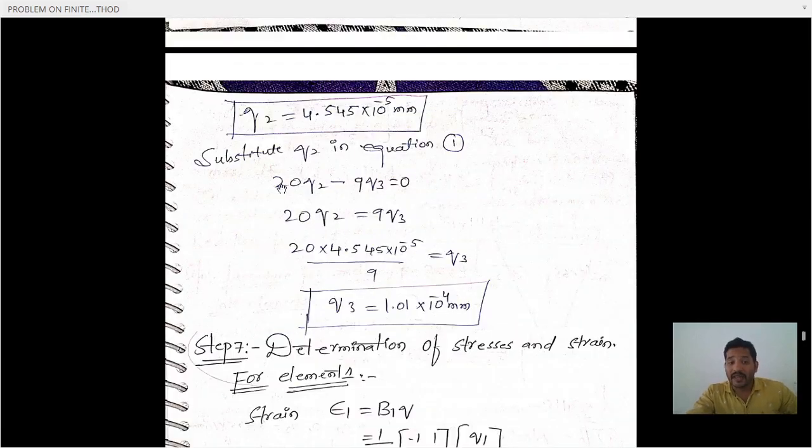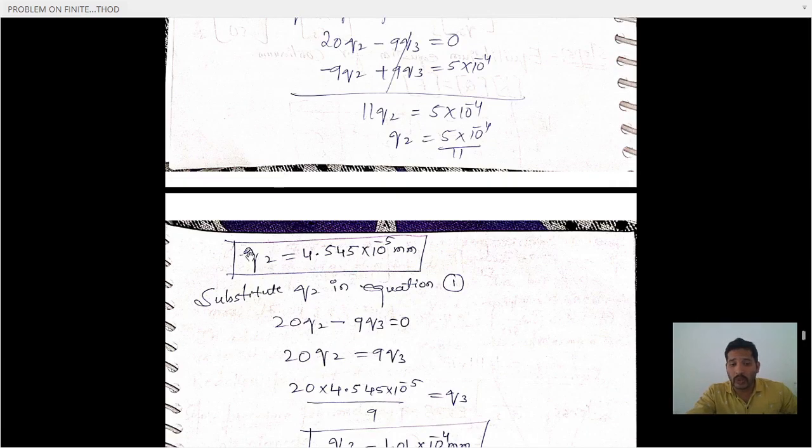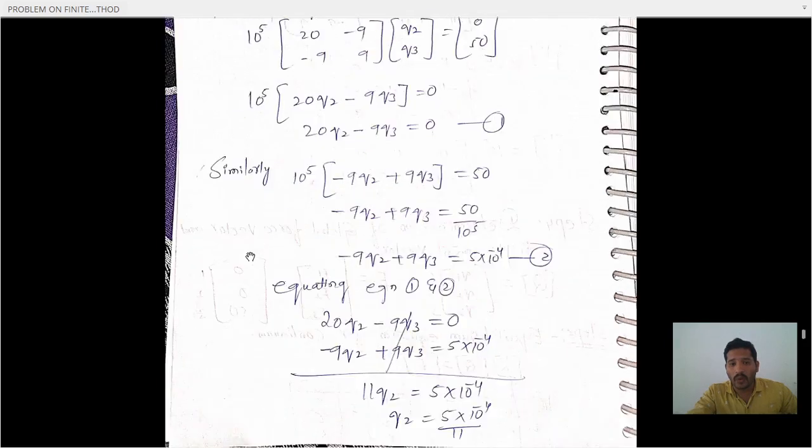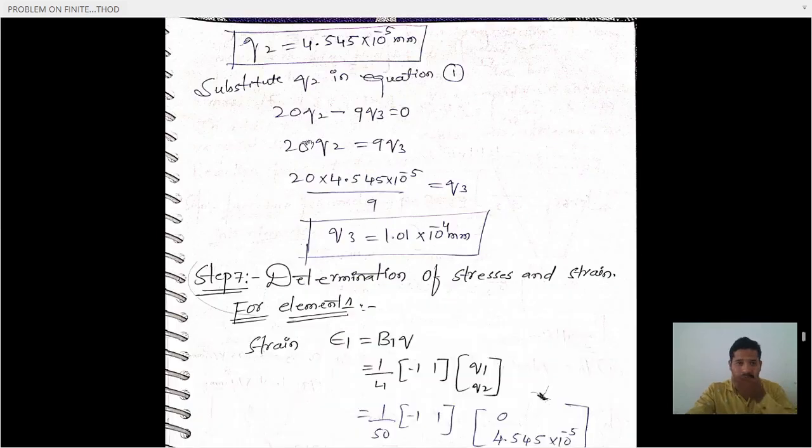After getting the value of Q2, just substitute it in equation number 1. Equation number 1 is 20 Q2 minus 9 Q3 equal to 0. So if you substitute the value of Q2 in this equation number 1, then you can easily get the value of Q3.